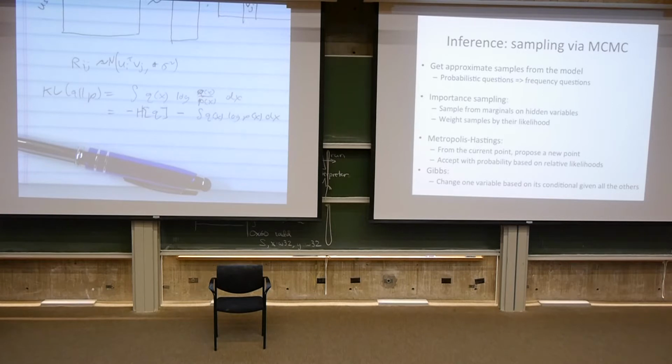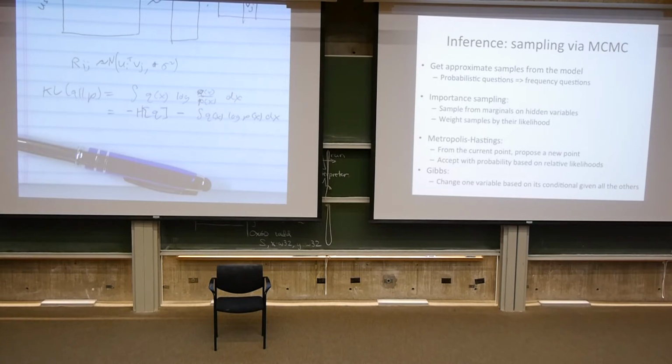Okay, the last big way that you can do approximate inference with graphical models is, instead of directly answering the probability question, you take a bunch of samples from the model, approximate samples from the model, and then you can answer whatever probabilistic question you want to ask based on those samples, just from the frequency that it happens in those samples.